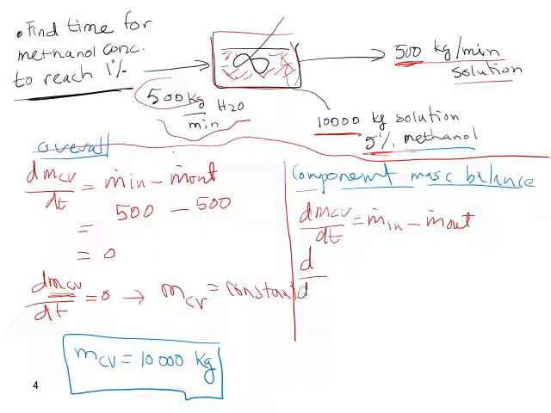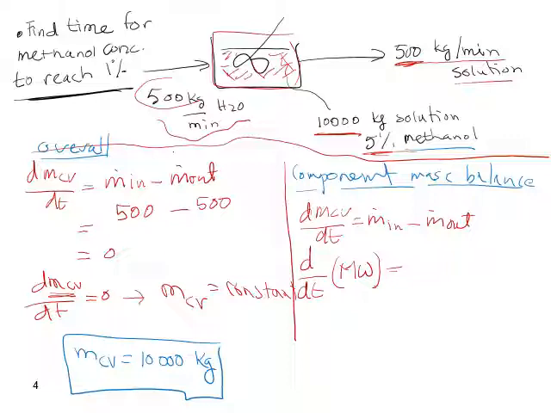So d/dt, and now it is the mass in the control volume m times the concentration of methanol in the control volume, equal to how much mass is going in, which is total.